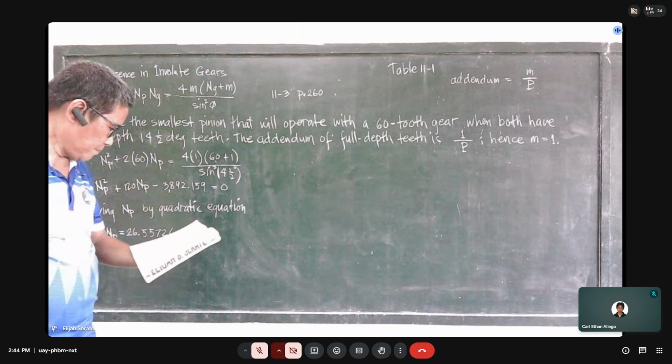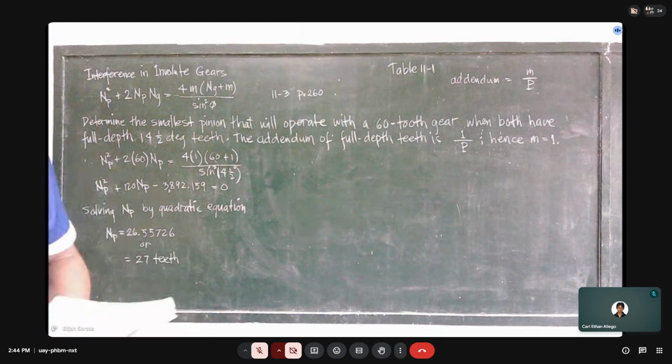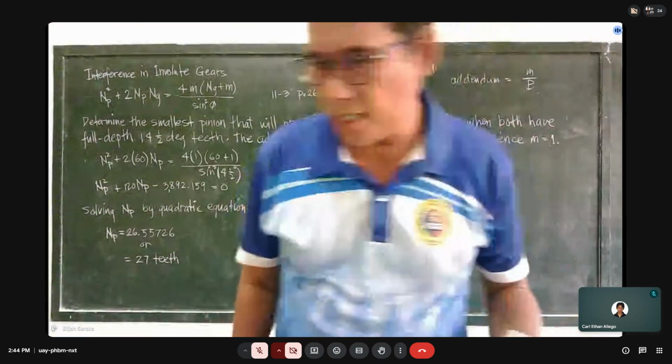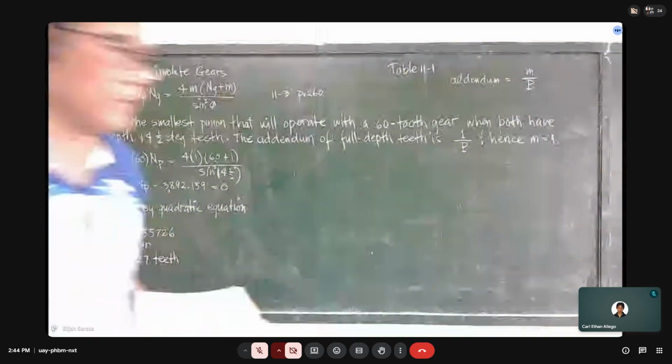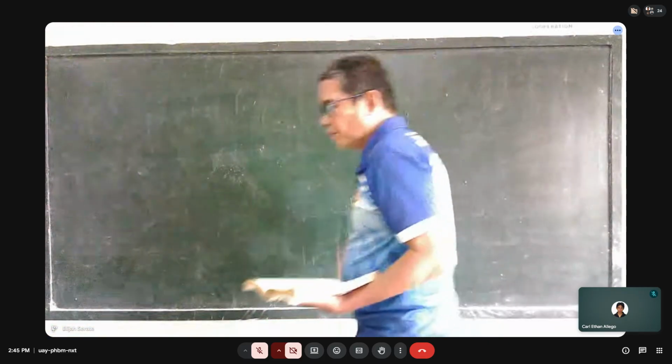Okay. Strength of spur gears. You look at figure 11-11. Those are the gears that can be used. So let's look at the strength of spur gears.